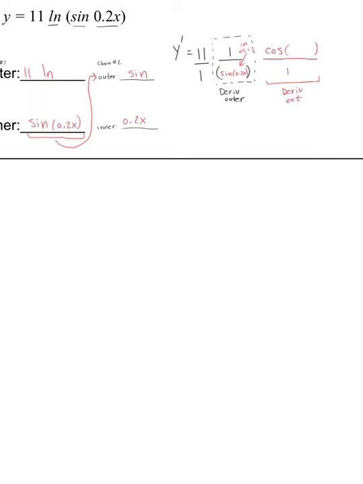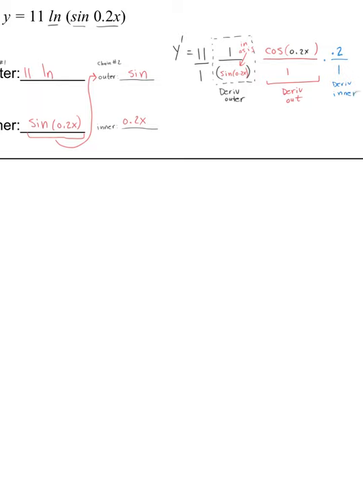All right, second step, the inner as is goes right here. 0.2x. All right, and finally, on the last chain, I take the last step. I need the derivative of the inner. The derivative of this inner is 0.2. Oops, just 0.2. Typo. 0.2. Okay, so that is the derivative of the inner.